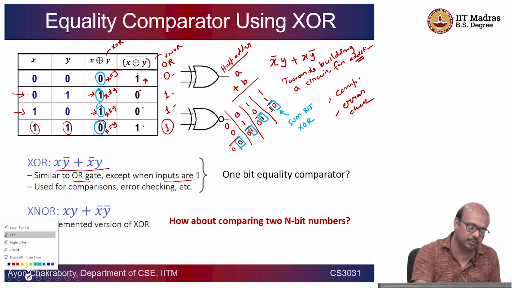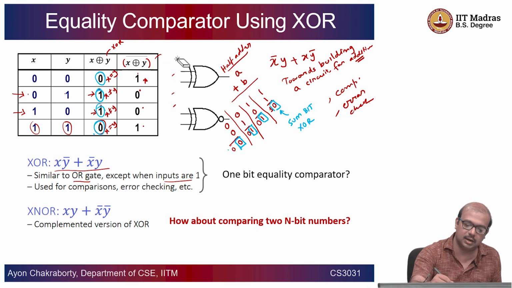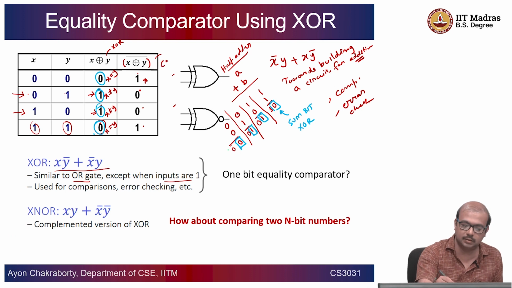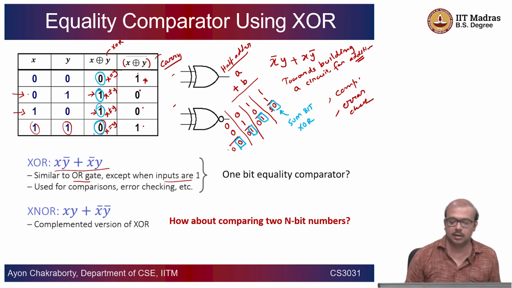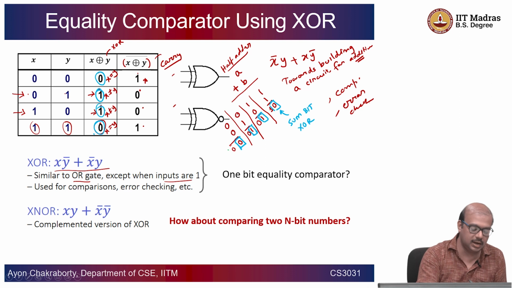I think even without writing the truth table, I can write it down. Maybe I will use an eraser here and write about the carry. So, if you have 0 and 0, as you can see, the carry is going to be 0.